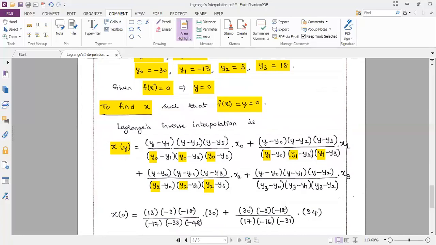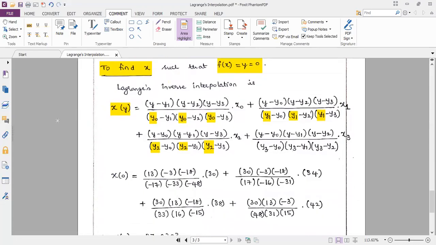Substituting all the values of y1, y2, y3, and similarly x0, x1, x2, x3, we will be able to get the answer. So x of 0 will be equal to, substituting y as 0, 0 minus y1. y1 is minus 13, so minus of minus becomes plus 13. y2 is 3, so 0 minus 3, we get minus 3. y is 0, so 0 minus y3, which is 18, we get minus 18.